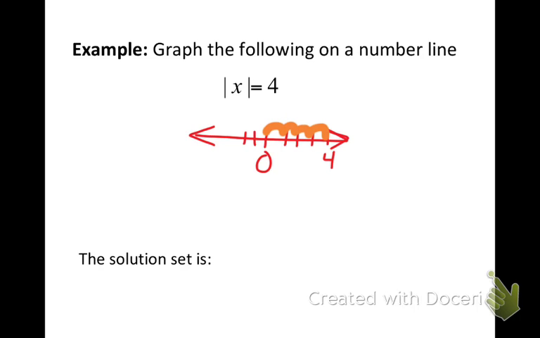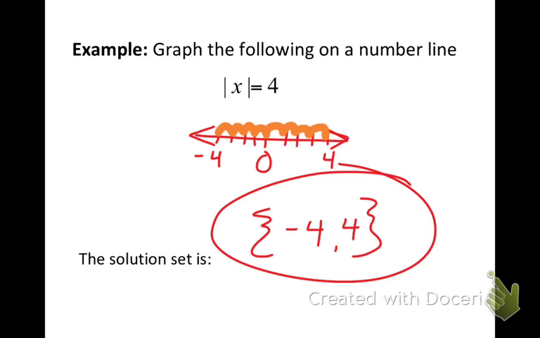But so is negative 4, 1, 2, 3, 4 units away. So my solution set, so now we're back to equations, so now that means we're back to set notation. A set of numbers is going to be negative 4, comma 4, which would be your solution. So the set of numbers negative 4 and 4 would be solutions to that.